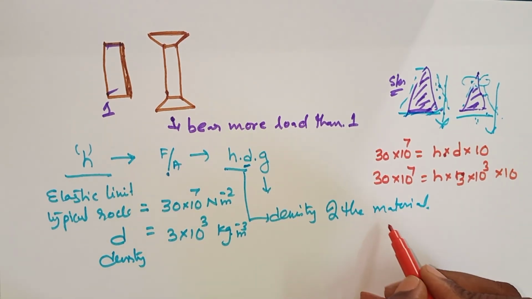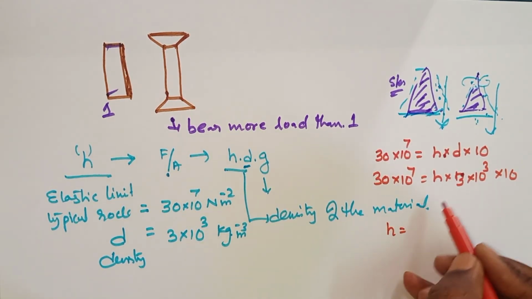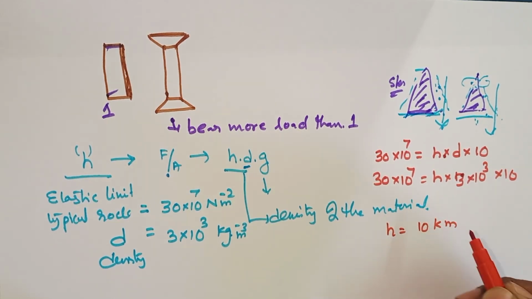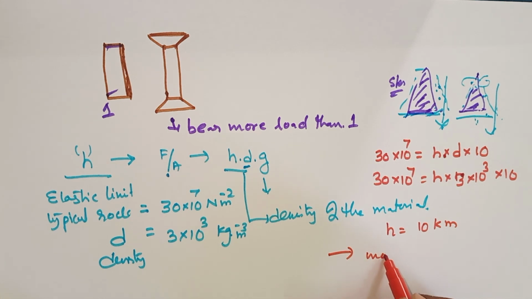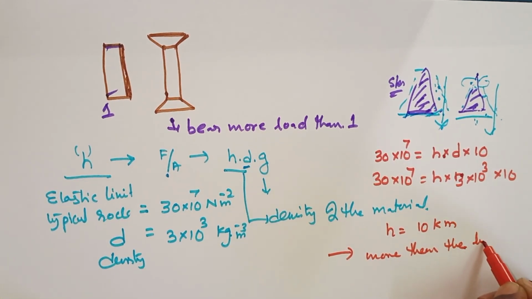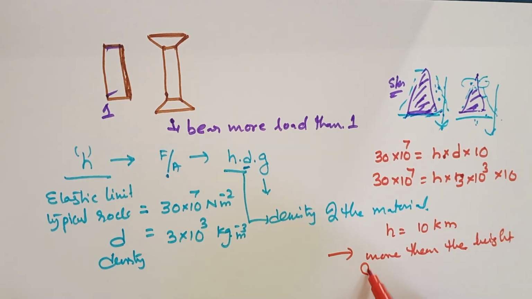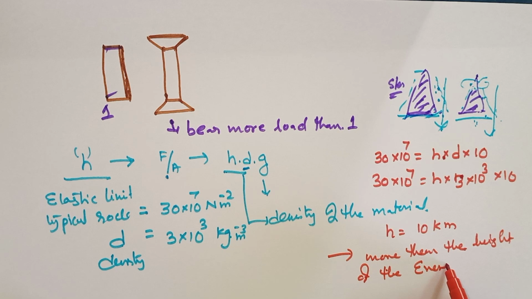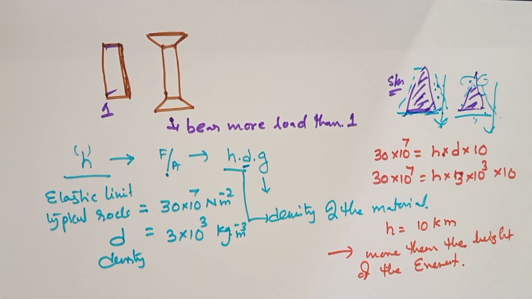Right, now h is approximately, from the calculations, you will get it as 10 kilometers. We obtain more than the height of Everest. Right, more than the height of Everest.